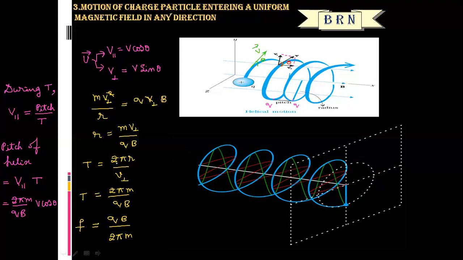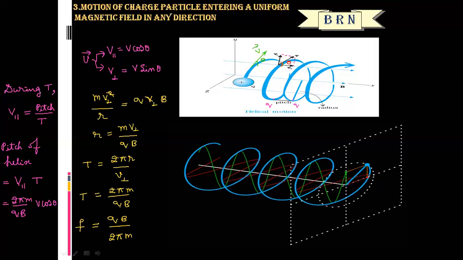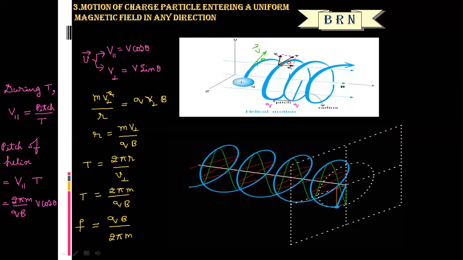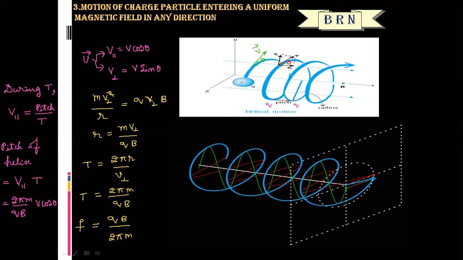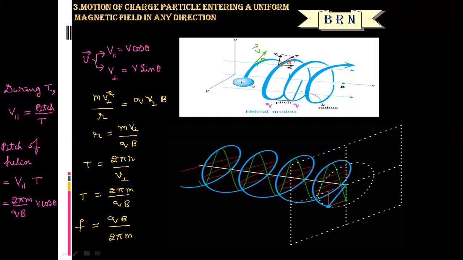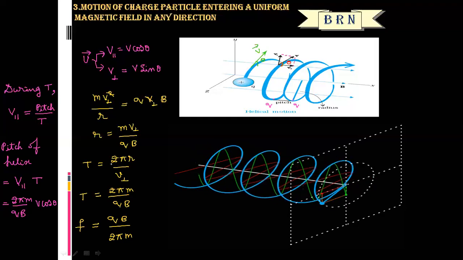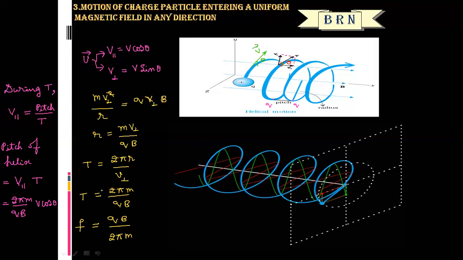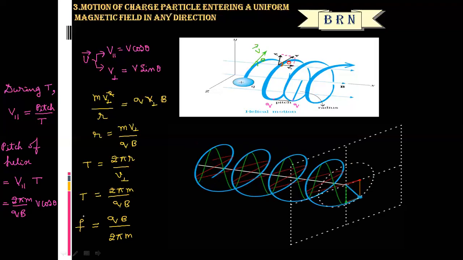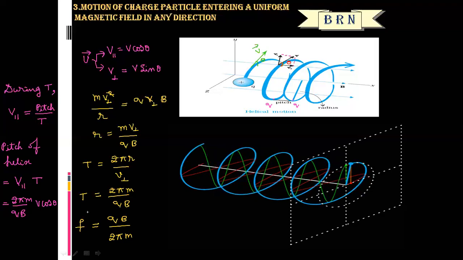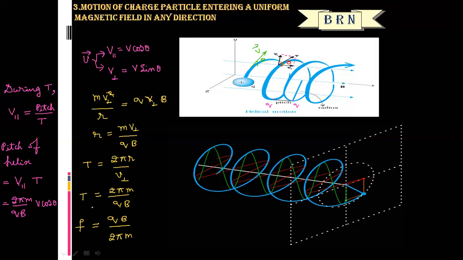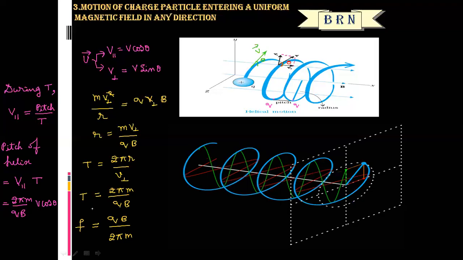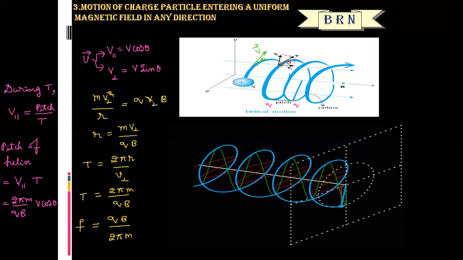It is the distance traveled by a charged particle during the time interval capital T. So even in the spiral path, the time period and frequency do not depend on the radius of the spiral path and the speed of the charged particle.